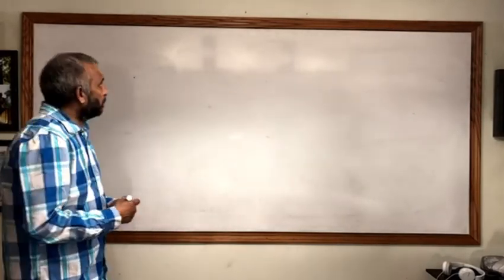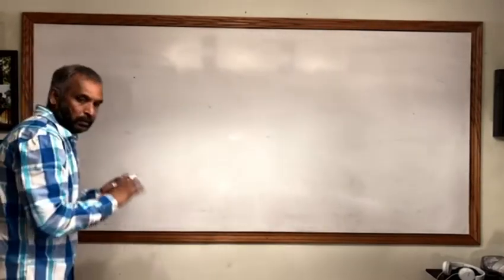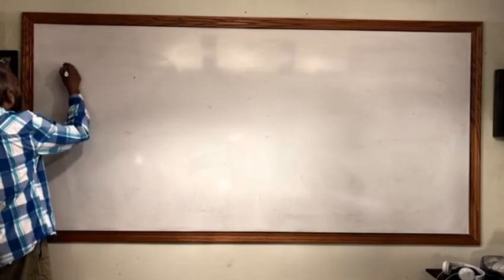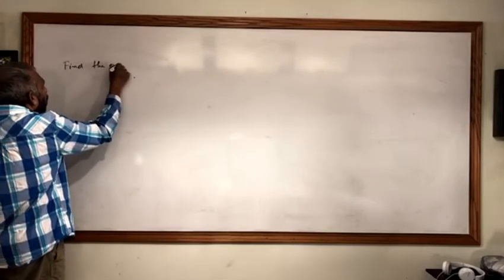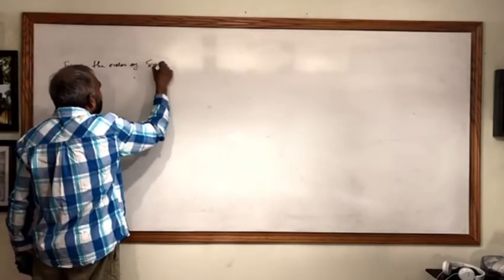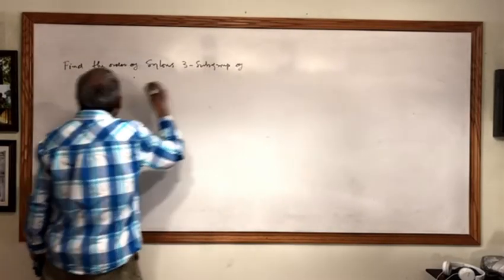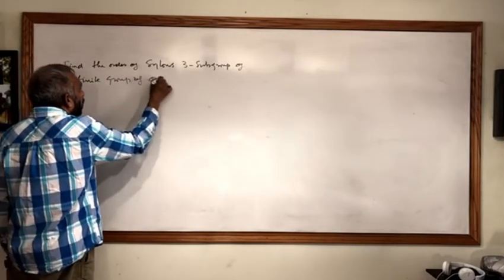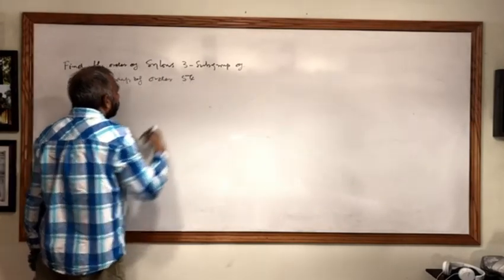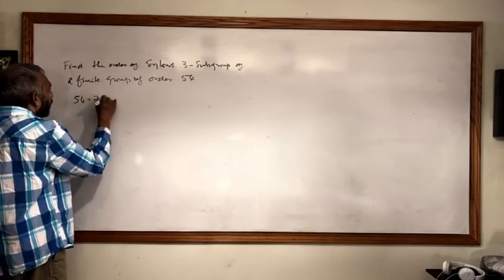Let us do some examples on the Sylow's p subgroups. The first example: we've already done one, but we'll do one more. Find the order of a Sylow's 3 subgroup of a finite group of order 54. So 54 is equal to 2 times 3 cubed.